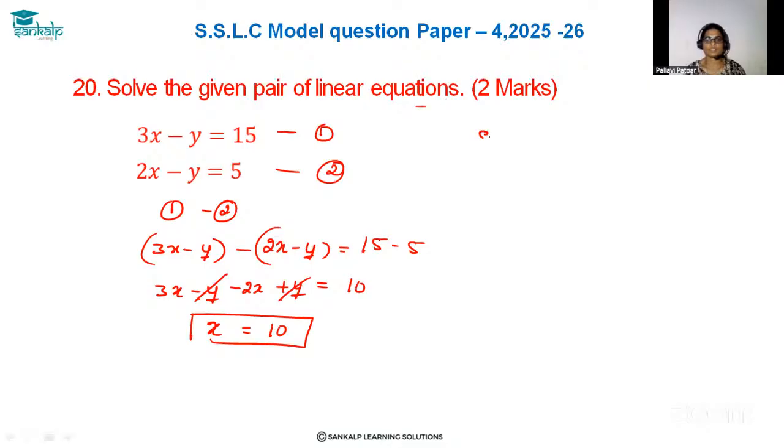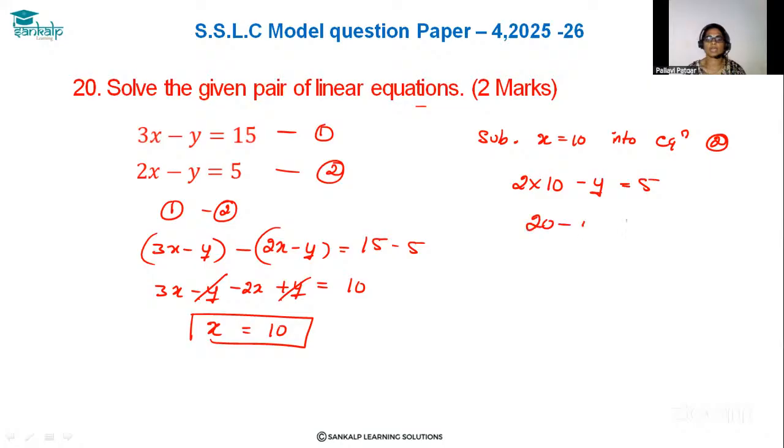Substitute x equal to 10 into equation 2. So here 2 into x is 20, minus y is equal to 5.